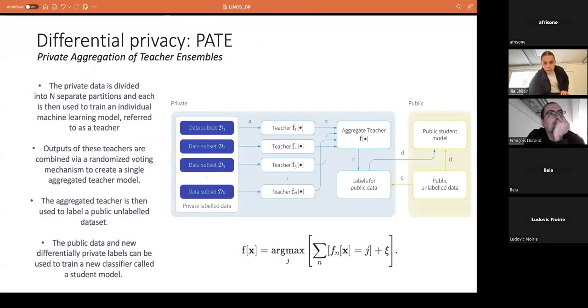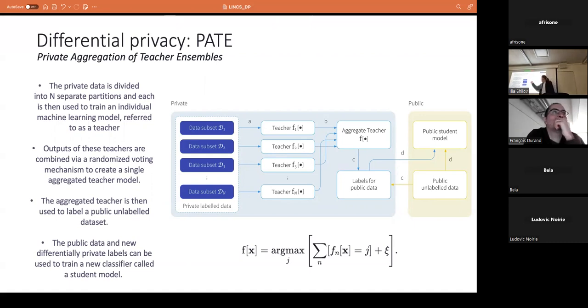Another way to employ differential privacy is private aggregation of teacher ensembles. Here I will do some hand waving. You have data that you divide into n data sets with private labels. You don't want to reveal any information about these data sets.